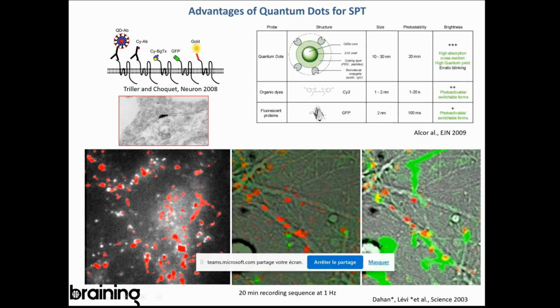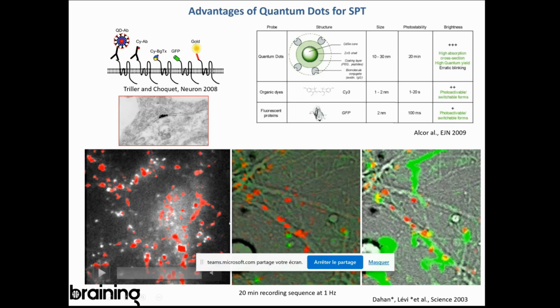Okay. So here, for instance, it's a reconstruction of a trajectory over the 20 minutes. So you can see that the receptor went along this dendrite and explored all of this dendritic bifurcation actually for an extrasynaptic receptor, while at the synapse, it actually stayed at the synapse for the 20-minute recording.